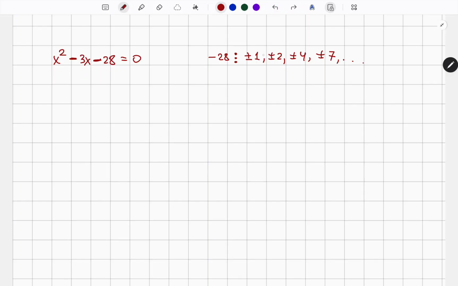So -1 is too small. -2, it's too small again. -4, I think -4 is good. Yeah, because this is 16, and -3 times -4 is 12. So 16 plus 12 is equal to 28. So the first root is nothing but -4. And this immediately allows me to find the second root by dividing -28 by -4.